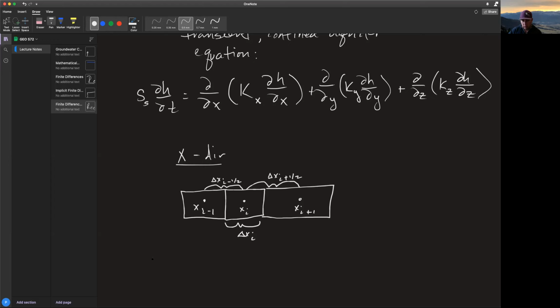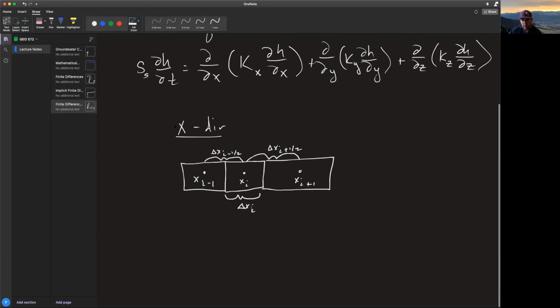First of all, let's talk about the change in head in time, the first finite difference operator. Remember that dh/dt we approximate as h i, j, k, n plus 1 minus h i, j, k, n over delta t.